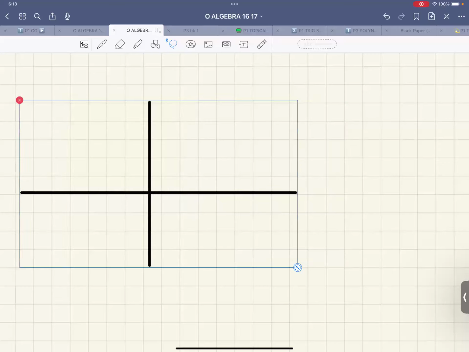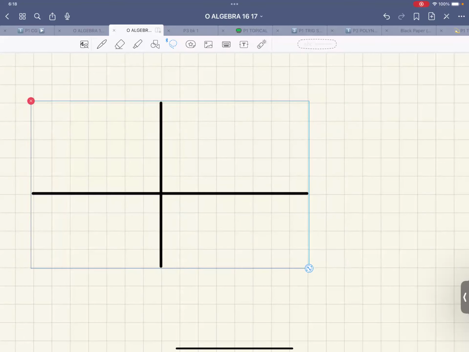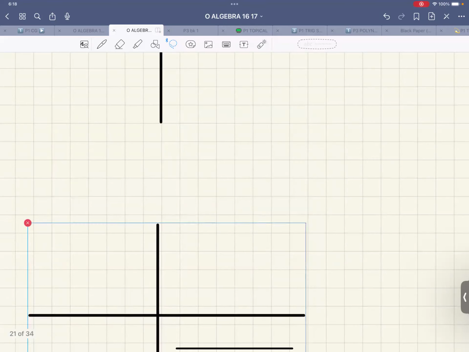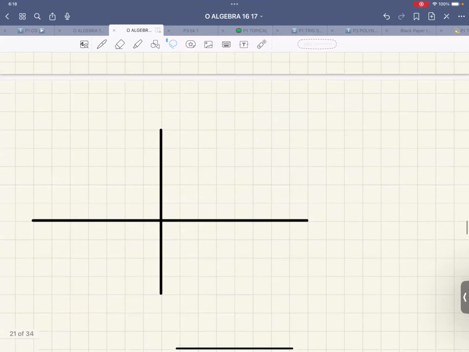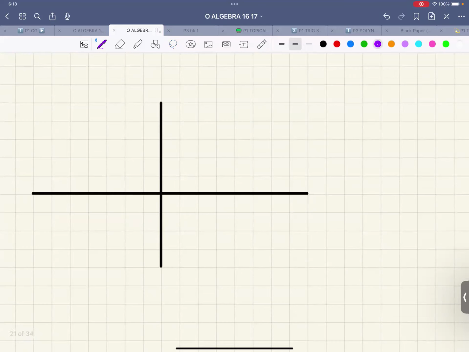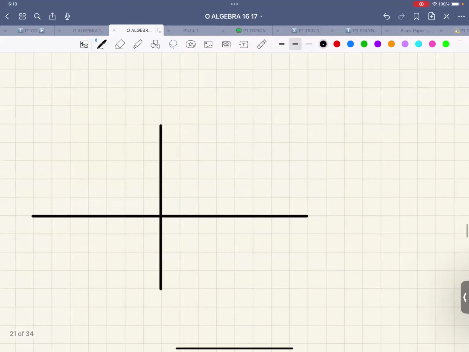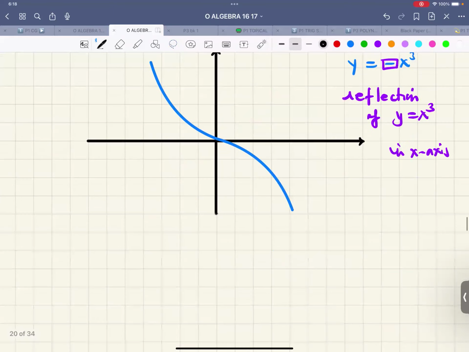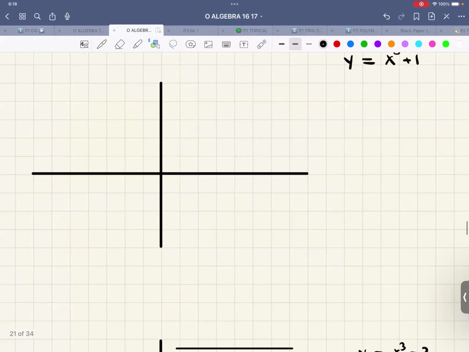Now, let me add some constants over here. If I want to draw y is equal to x cubed plus 1, and over here y is equal to x cubed minus 2. Now the original x cubed, the red one, let me draw it first.